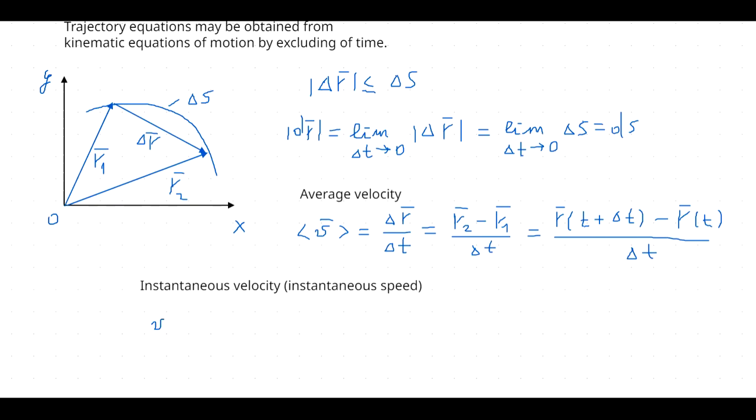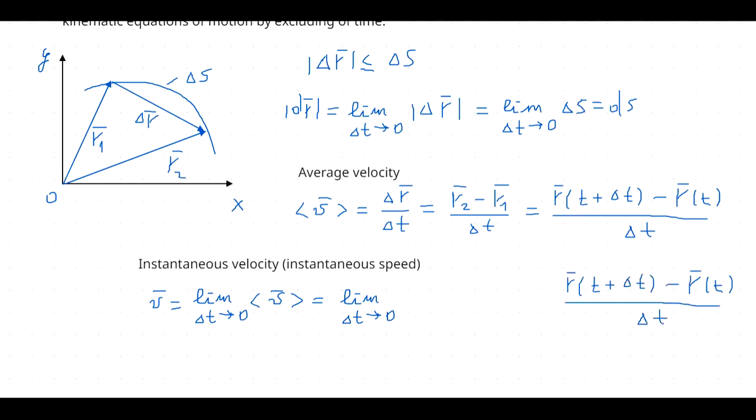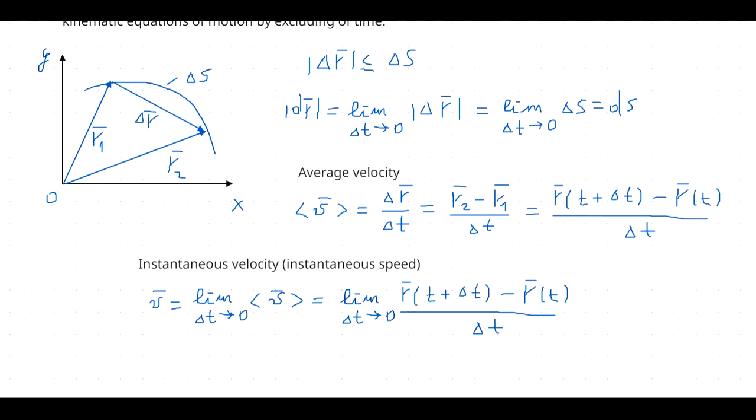V is equal to the limit of average velocity, and it can also be written as a limit of this relation, of this fraction, and it can be considered as a simple first derivative.